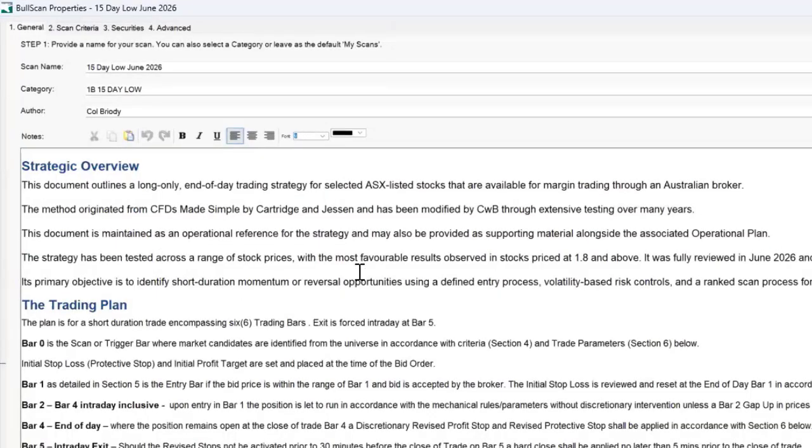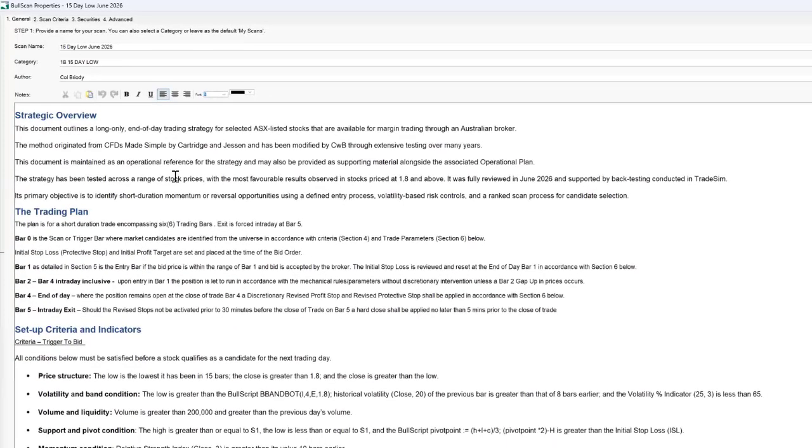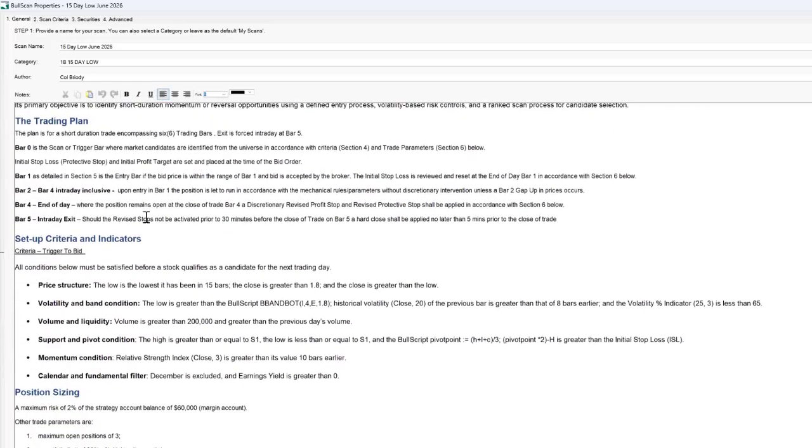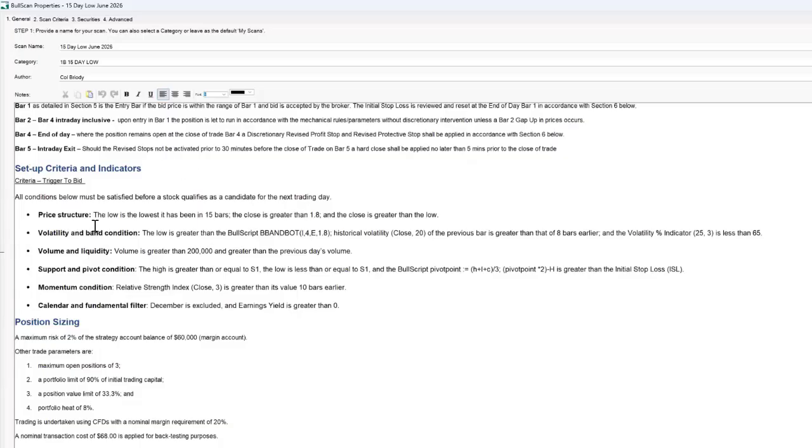It helps me when I'm in BullCharts, rather than going back to the trading plan and asking, am I in line with this? It tells the story of what that's all about. Basically the criteria I break down into structure, volatility, volume, liquidity, support, and pivot, and on it goes. And then in here, I've got my position sizing parameters.